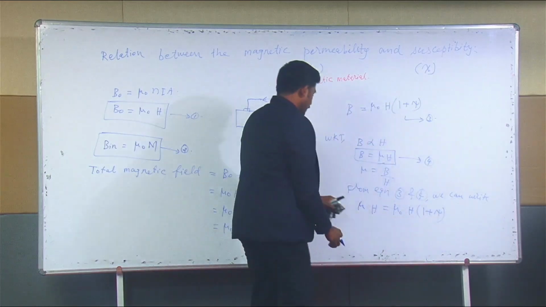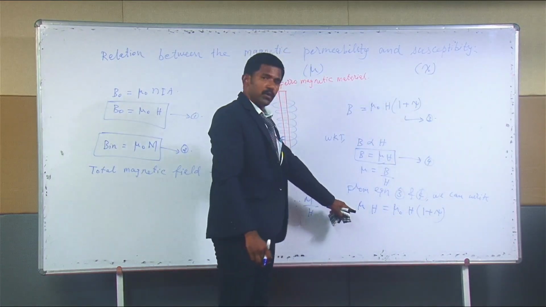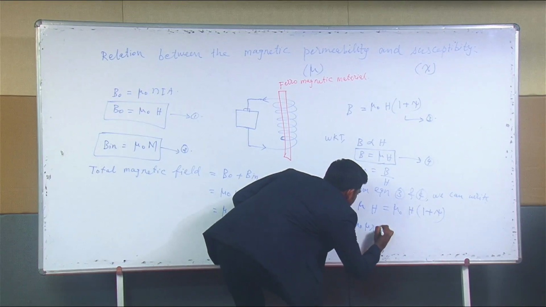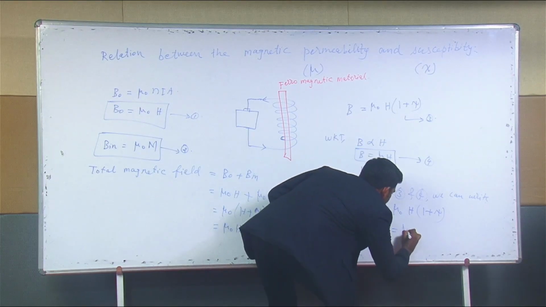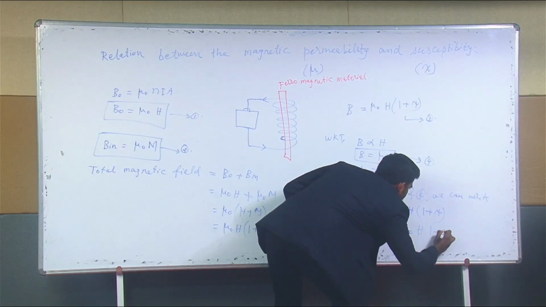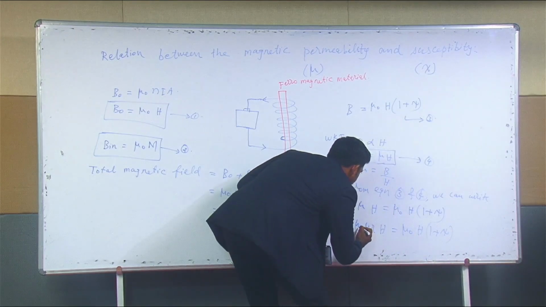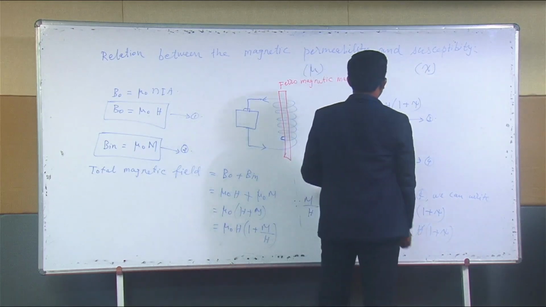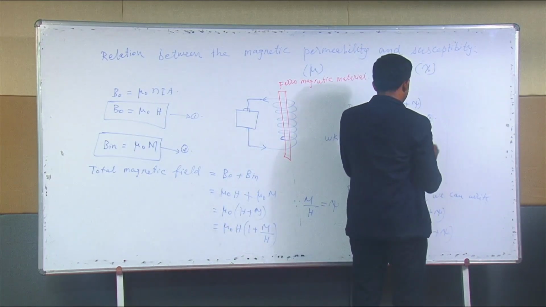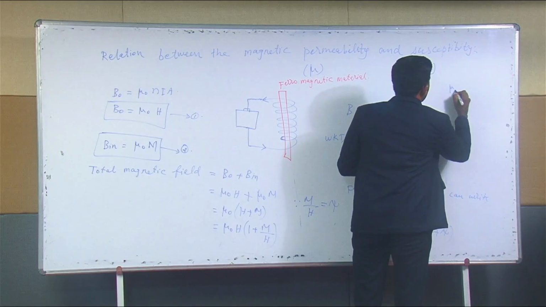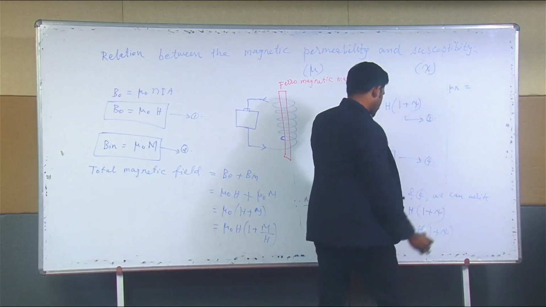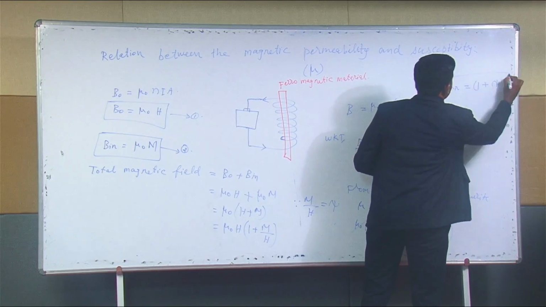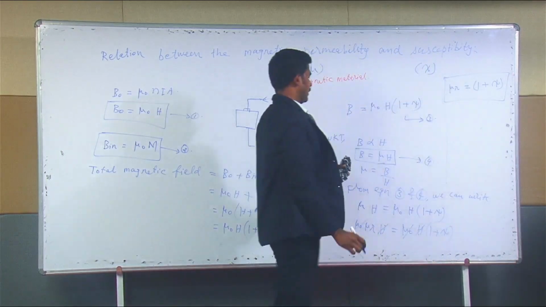So we can write mu in terms of mu r: mu naught into mu r, H is equal to mu 0 H (1 plus psi). Now we can cancel out, so mu r is equal to one plus susceptibility. So this is the relation.